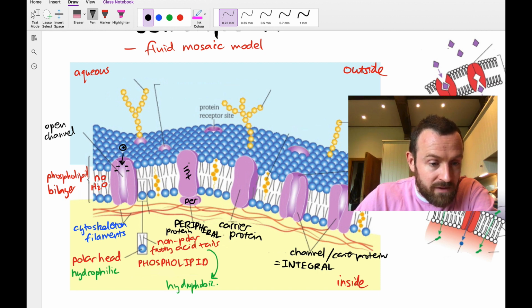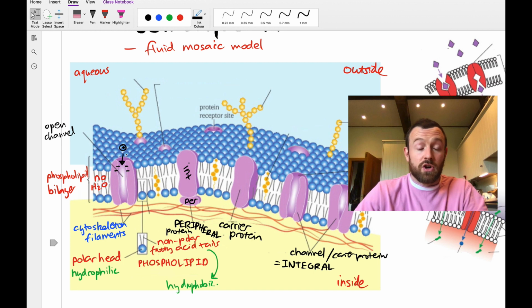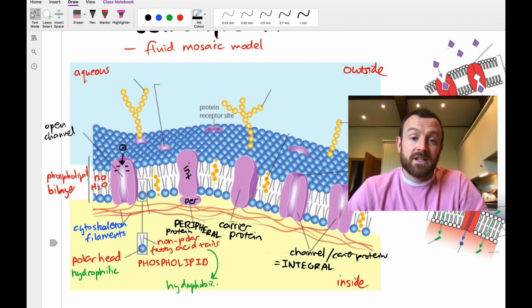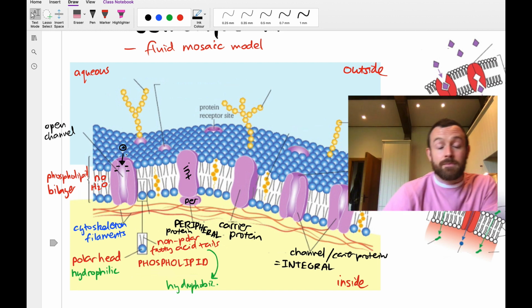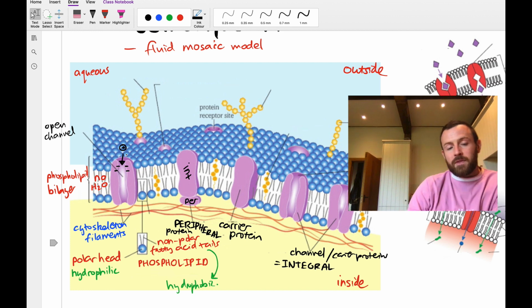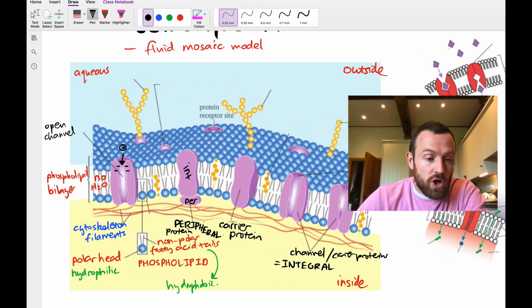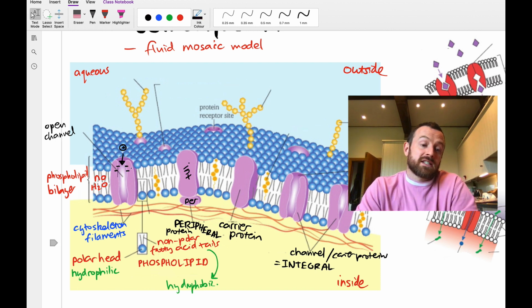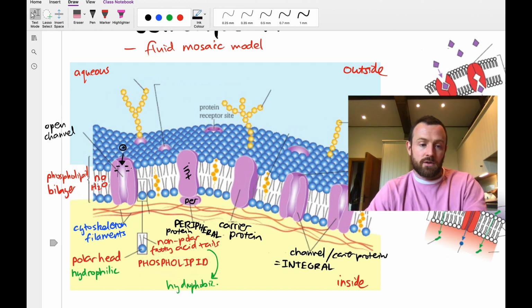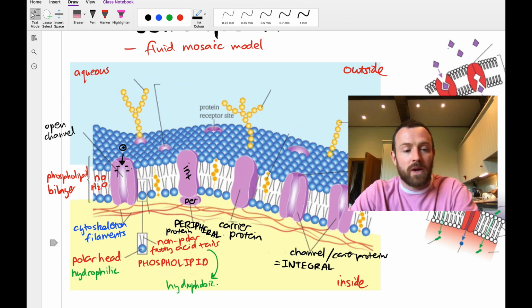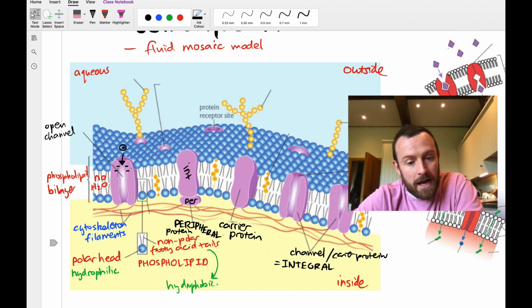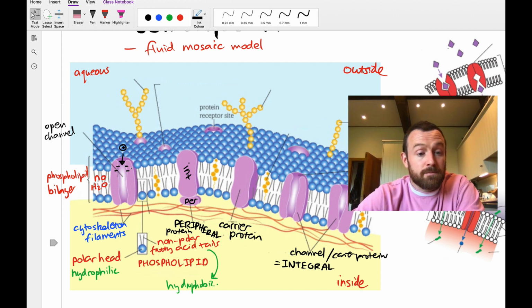And it can actually even discriminate between different positively charged ions, so maybe between sodium and potassium, for example. And there would also be other channel proteins that might have positively charged R groups here, which might only allow negative ions through. So the channels can really select which ions or molecules can pass through them, and that's because of their 3D structure, essentially.